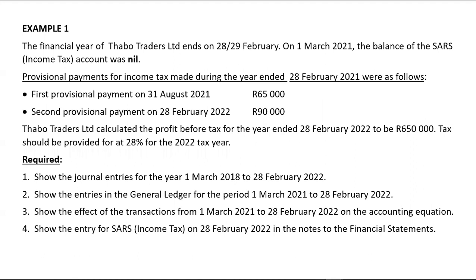And then it says Turbo Traders Limited calculated the profit before tax for the year ended 28th of February 2022 to be 650,000, and the tax should be provided for at 28% for the 2022 tax year. Now, how are we going to record that?